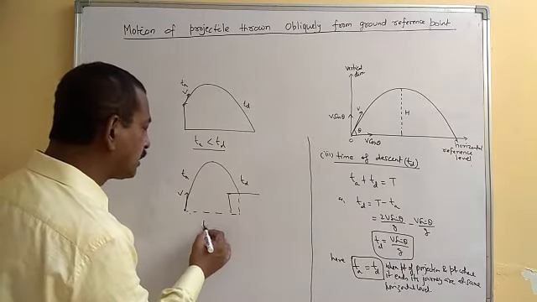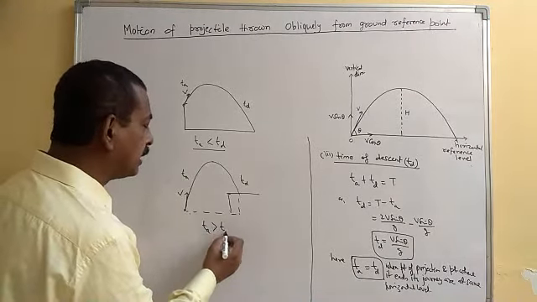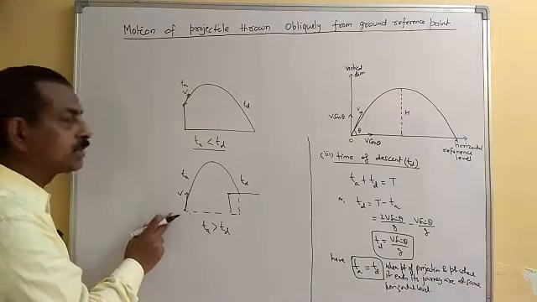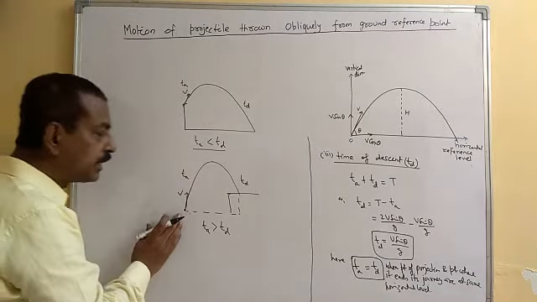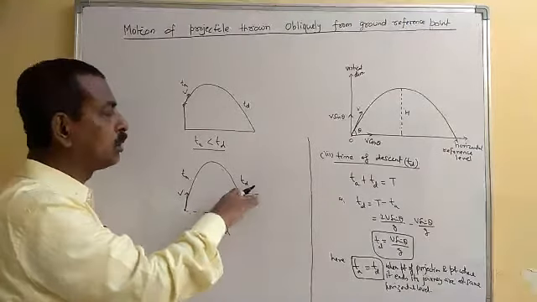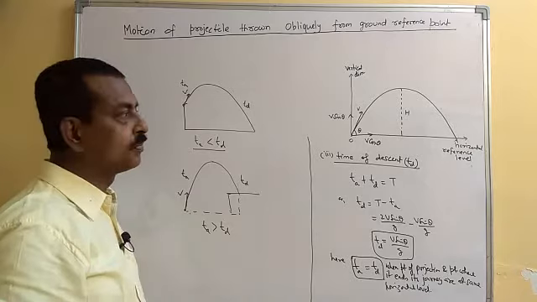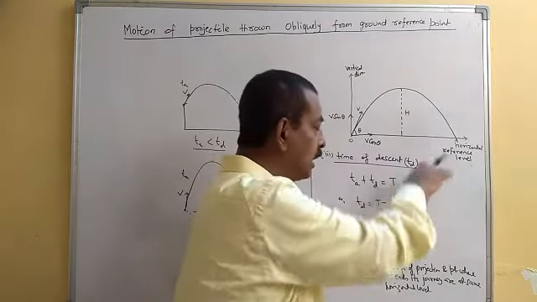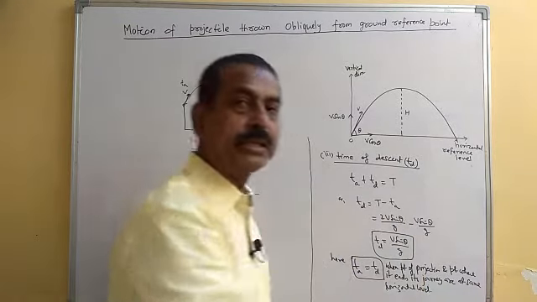So obviously in this case, Ta will be greater than Td. We get this when the point of projection is at a lower level with respect to the point where it is ending its journey. If the two are at the same horizontal level, in that case both will be equal.